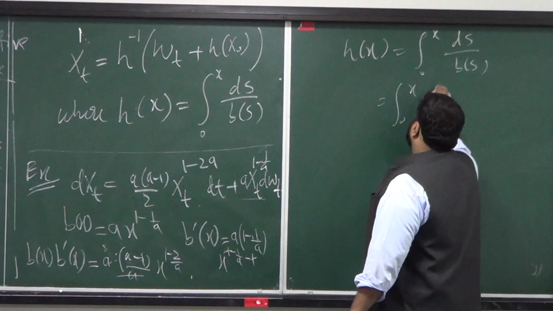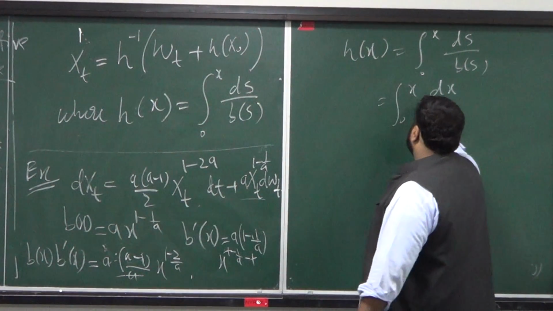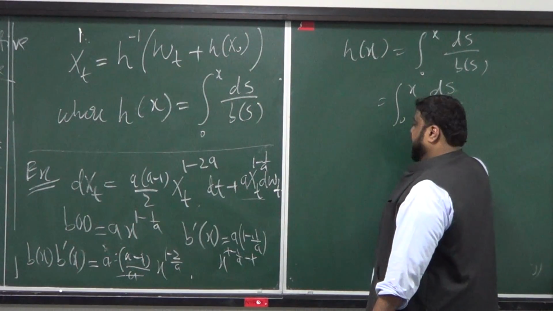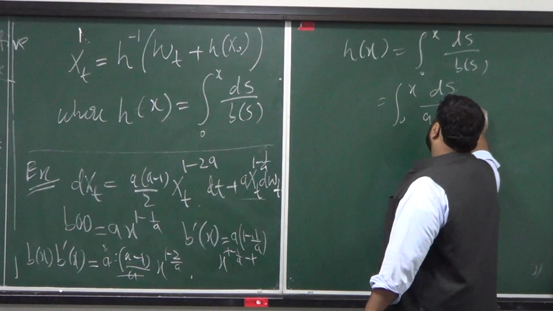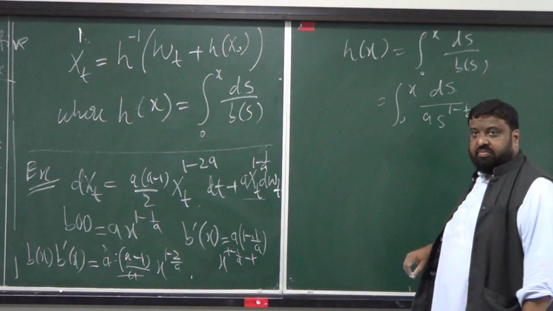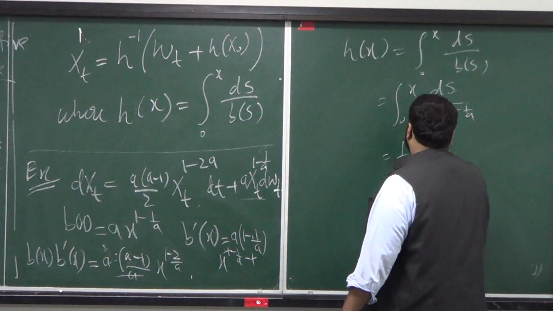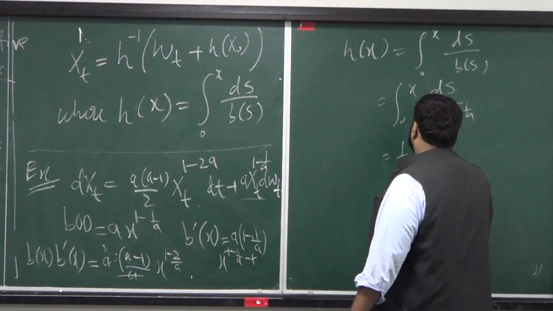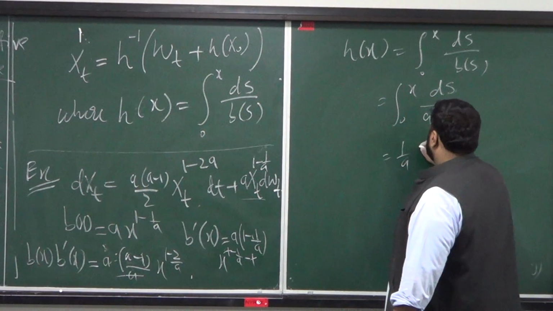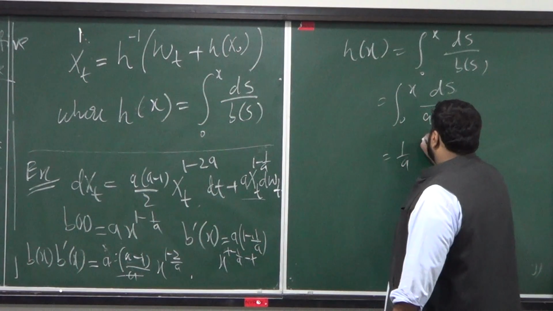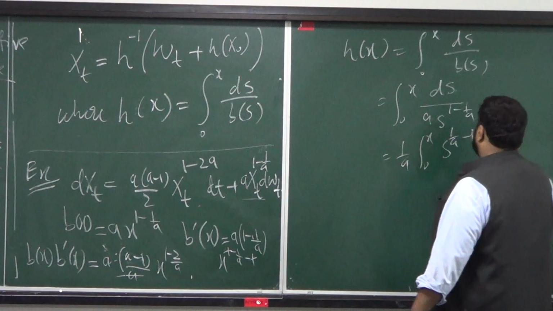This would be 0 to x, ds, and my b of x is s to the power a, and 1 minus 1 over a. And this would be 1 over a. Integrating from 0 to x, s^(1/a - 1) ds.